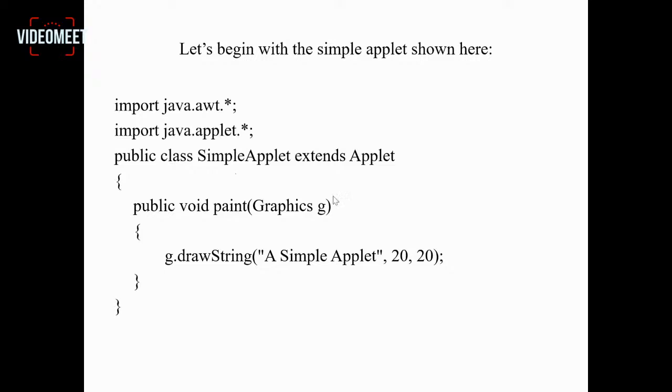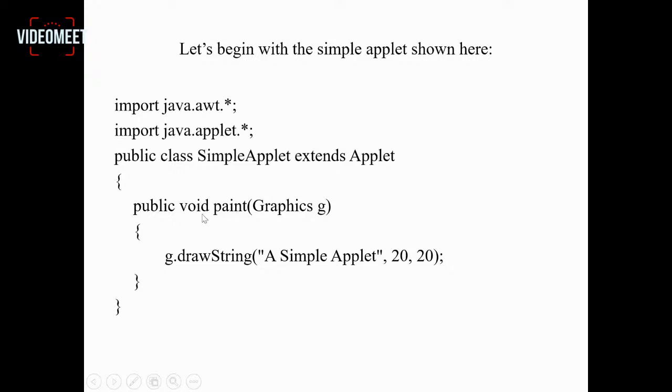The class name is Applet, with a capital A, following Java's naming convention. This Applet class is defined in the applet package, so you need to import that package into your program, which we have already done. So the first thing to create an applet is to create a class which will extend Applet.